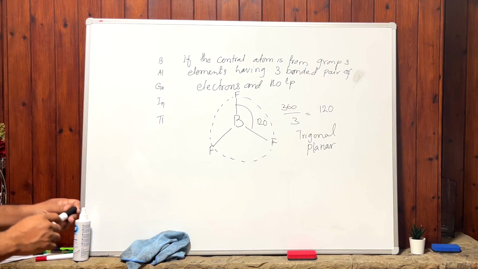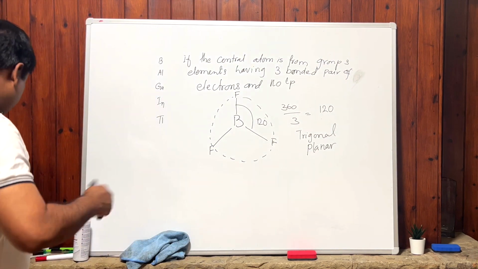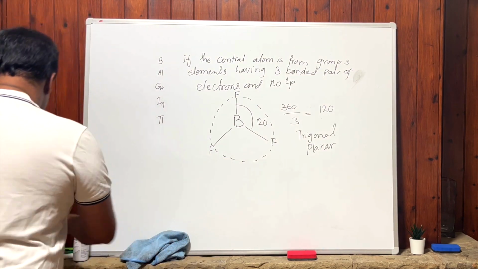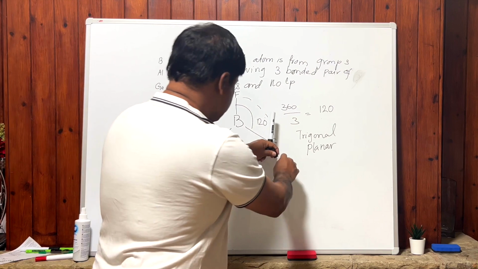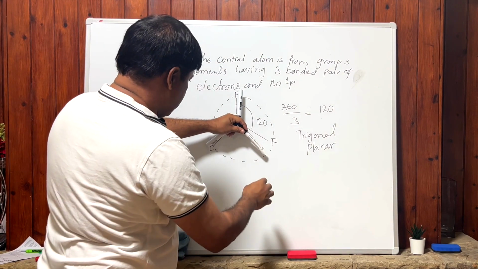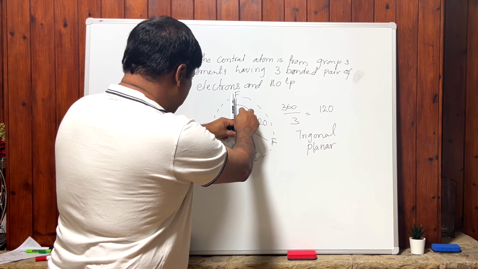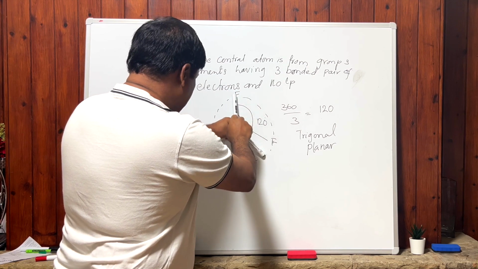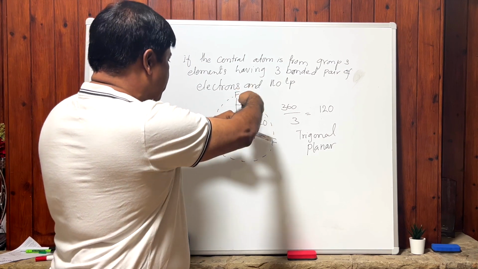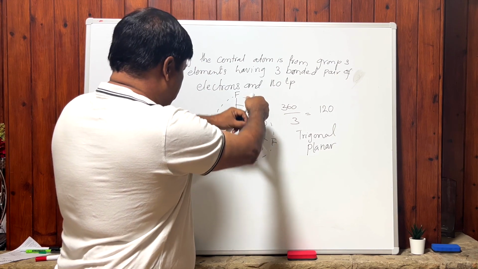Assume that if I pull the boron and lift it up, like in the case of ammonia, you have to visualize, guys. When you pull it apart, the bonded pairs of electrons and the bonds move like this.